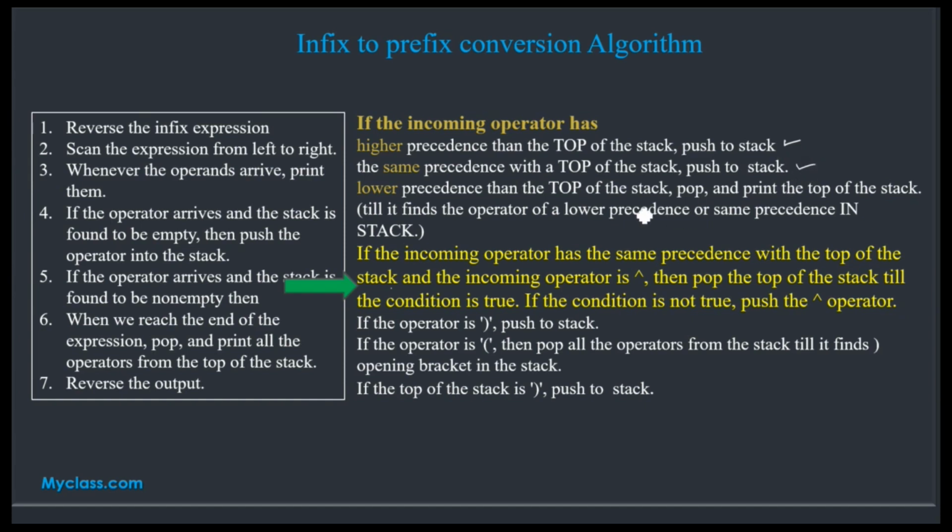We are not popping. Only in the lower precedence case, where the top of the stack has lower precedence compared to the incoming operator, do we pop. If the incoming operator has lower precedence than the top of the stack, pop and print the top of the stack till it finds an operator of lower precedence or same precedence. We continue the same step until we reach a lower or same precedence operator at the top of the stack.